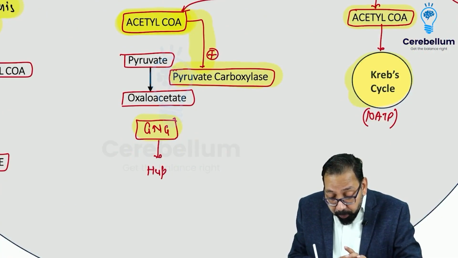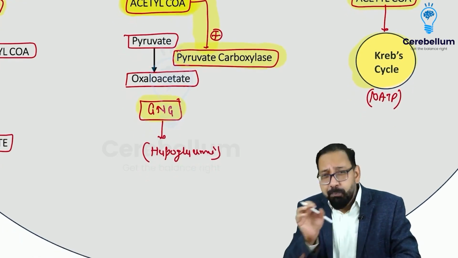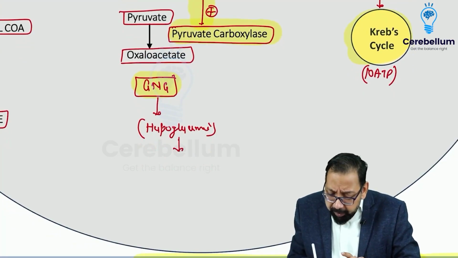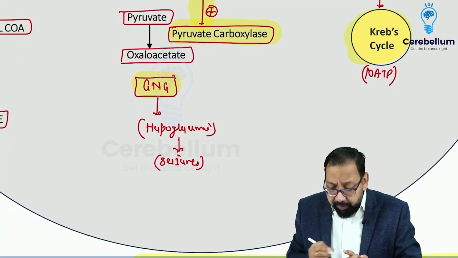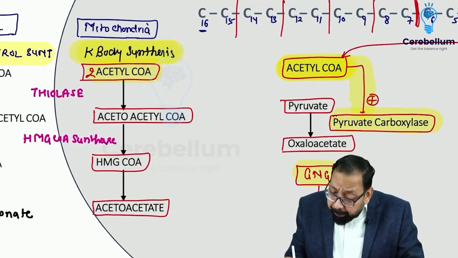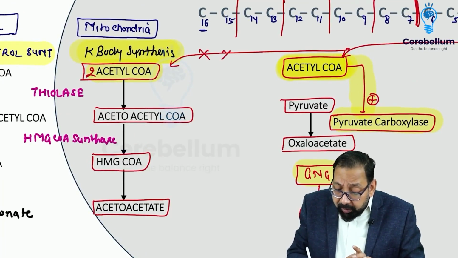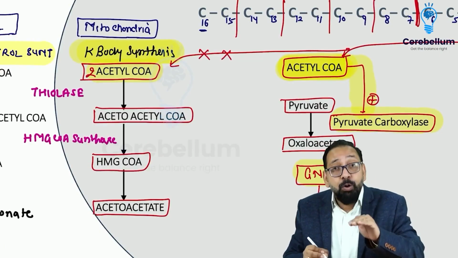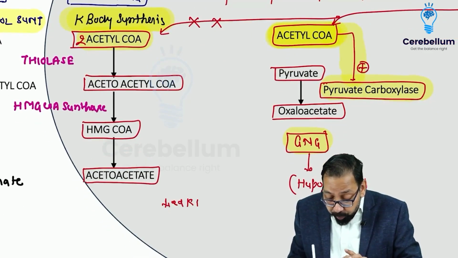There would be hypoglycemia, and whenever hypoglycemia is there, many times in a clinical scenario the patient presents with seizures. If beta oxidation is not occurring, acetyl coenzyme A will not be produced, then there would be low ketone bodies. Ketone bodies would not be synthesized, so decreased ketone bodies.